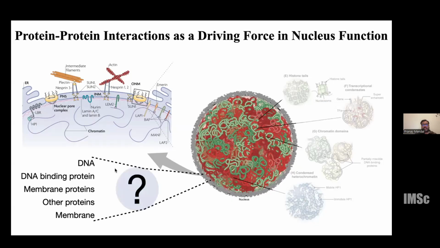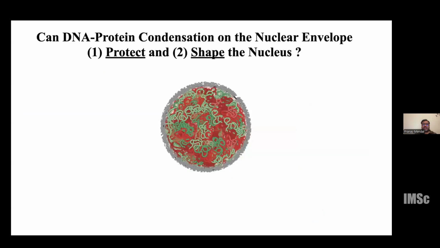So the question that one can ask is how these different DNA, proteins, and also membranes self interact, and how do they organize in terms of co-condensation. To be specific, can DNA protein condensation on the nuclear envelope protect and shape the nucleus?